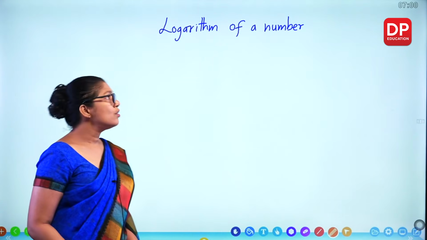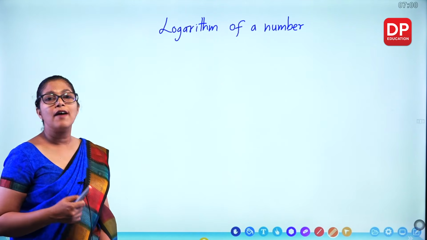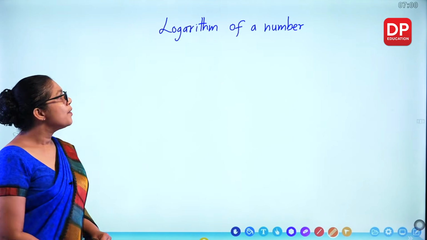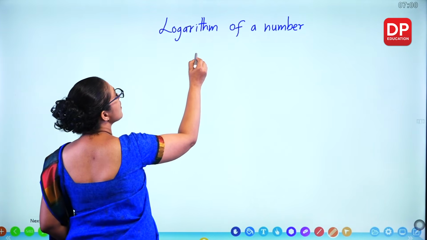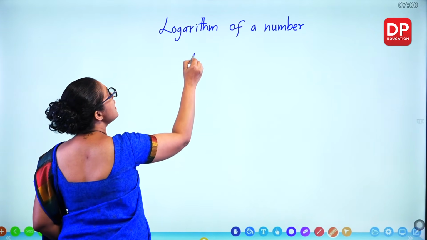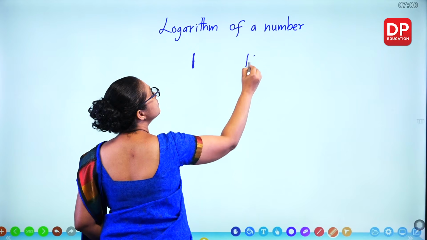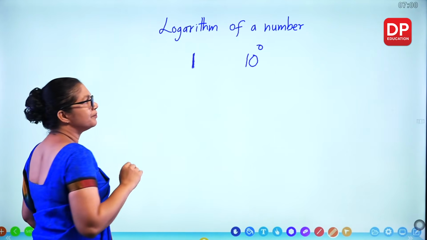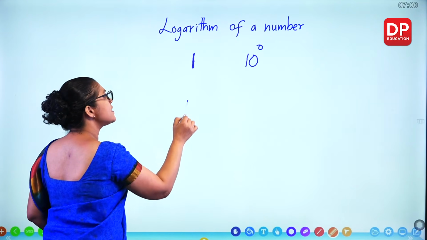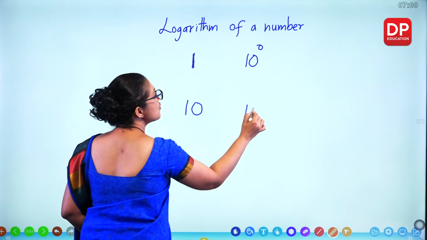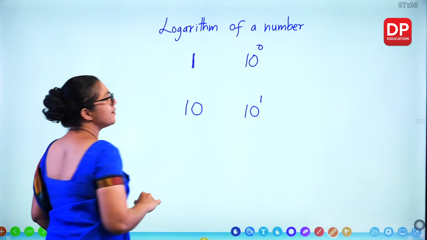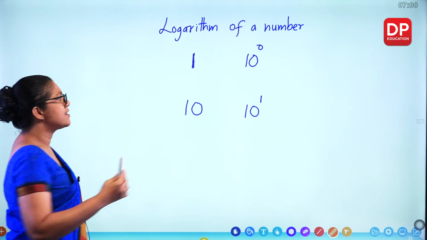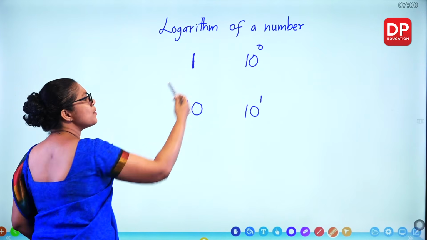Now we'll try to find the logarithmic value of a number. We know 1 is 10 to the power 0, and also 10 is 10 to the power 1. How can we write any number in between 1 and 10?